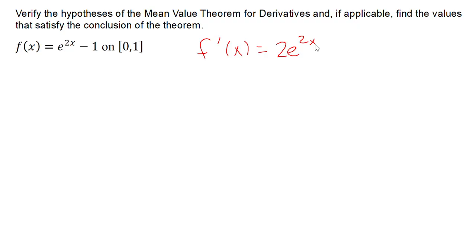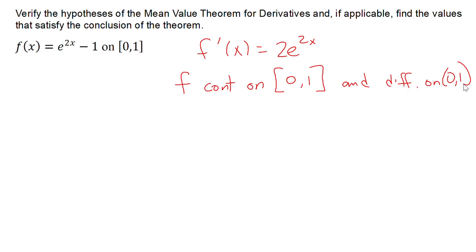So we can say that f is continuous on 0 to 1 and differentiable on 0 to 1 because it's an exponential function. It's just a basic exponential function, and exponential functions are always continuous and differentiable.